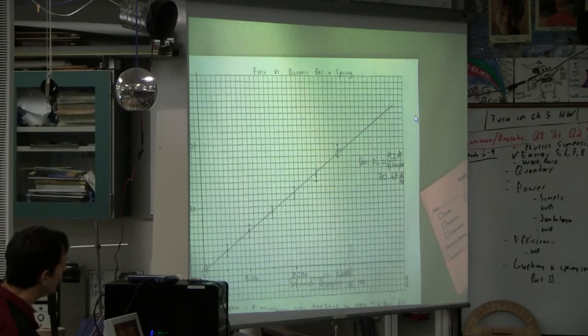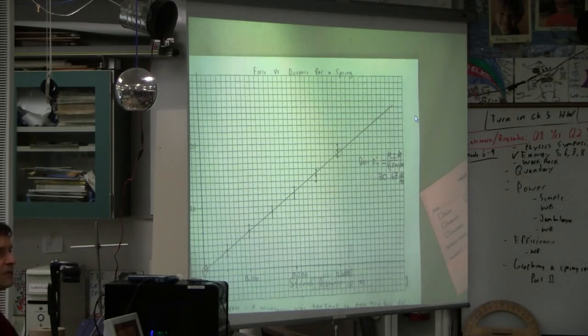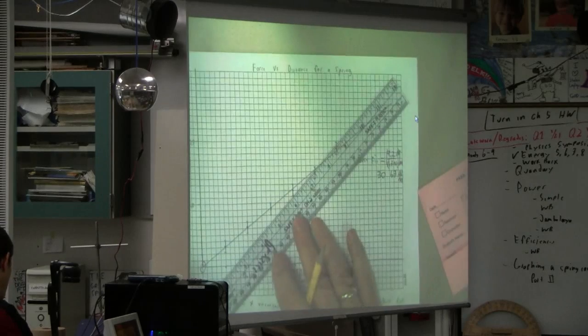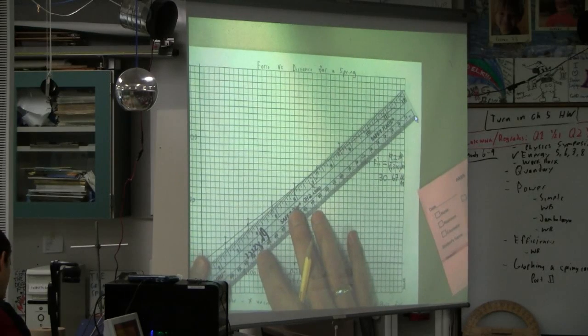Yeah? Now how do we find the steepest slope that is possible? Well, this is what I was taught in college, that we had to keep the line inside all of the error bars and make it as steep as possible, which makes it about like this. Yeah?